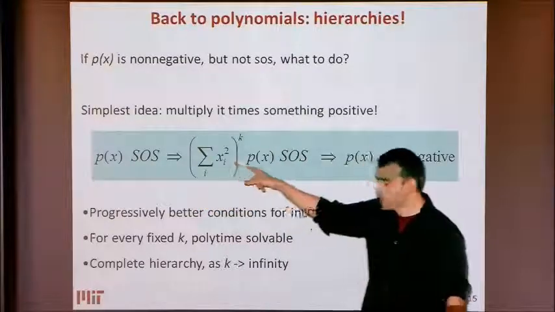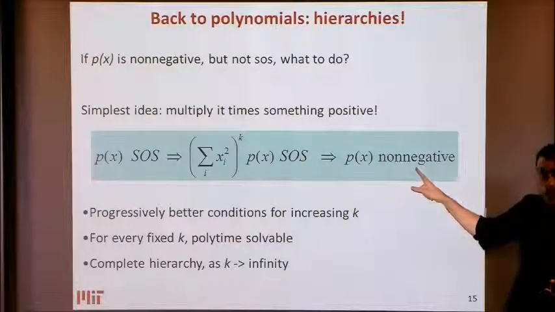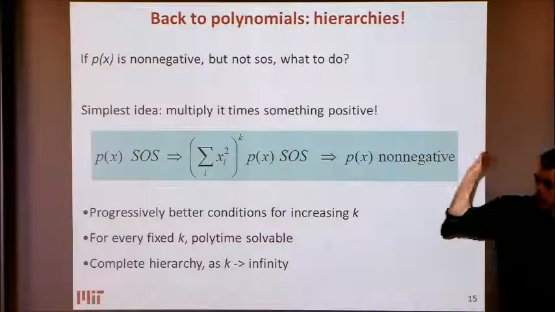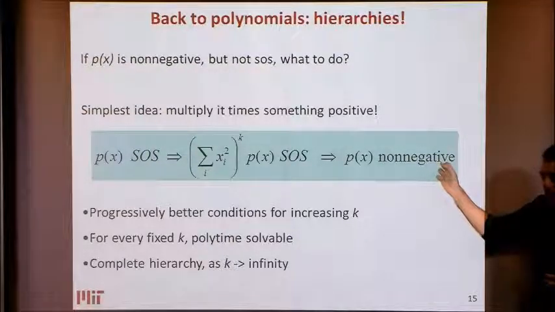If P is a sum of squares, when I multiply it by another sum of squares, the product is also going to be a sum of squares. But this still implies non-negativity. So as I increase the power k that I'm using, I'm getting better and better conditions that approach this non-negativity.